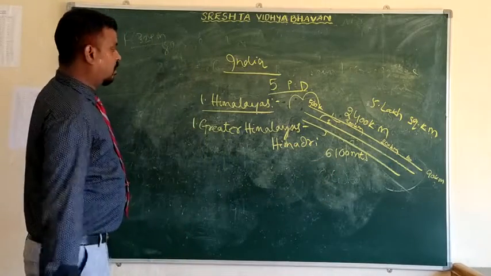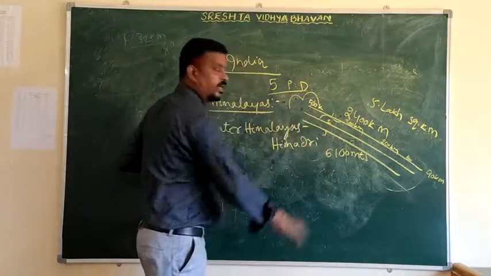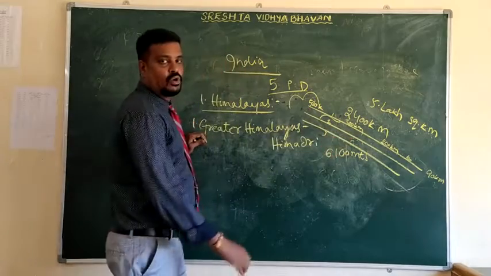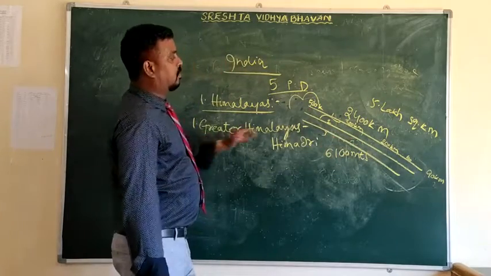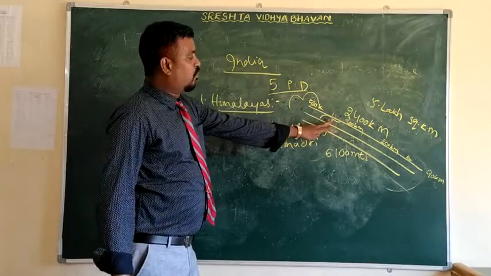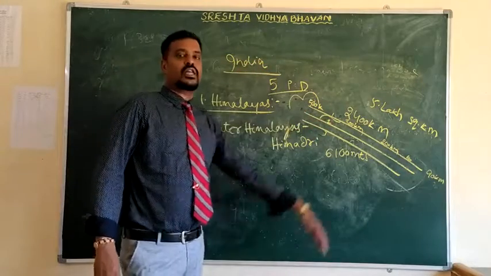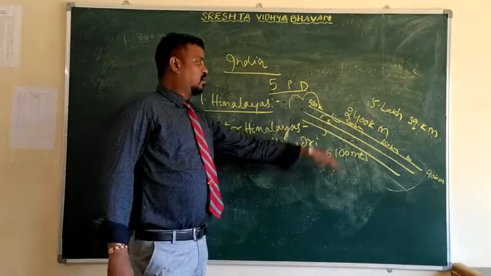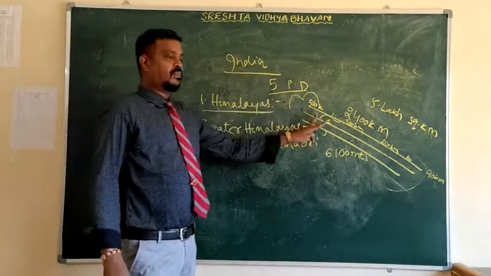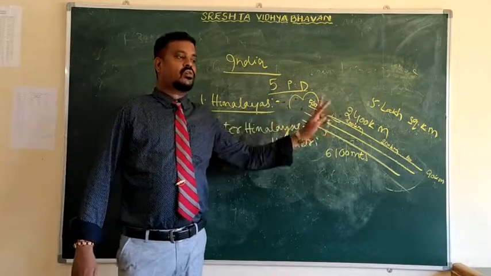Here the Greater Himalayas are completely snow bound. We can see snow and glaciers, and in the summer season they melt and flow throughout the year. Those rivers are called perennial rivers, meaning rivers that flow throughout the year.